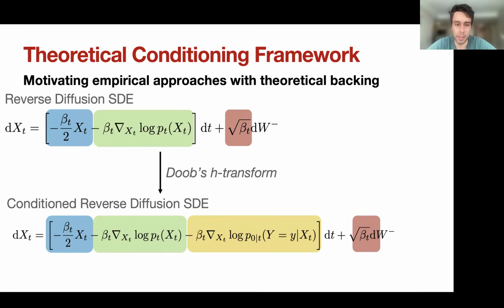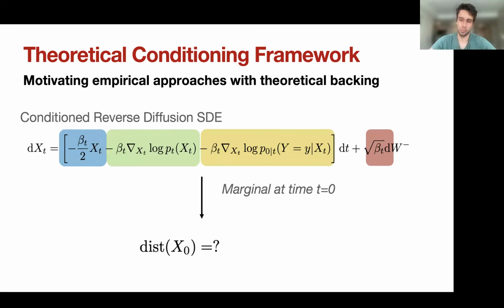But for this particular SDE that we have here, if we add this particular term there, one might ask the question, okay, so what is the distribution at time 0? And it turns out the distribution at time 0 is going to be the probability of x_0 given y, right? Of course, we have to pre-specify what the probability of y given x_0 is.